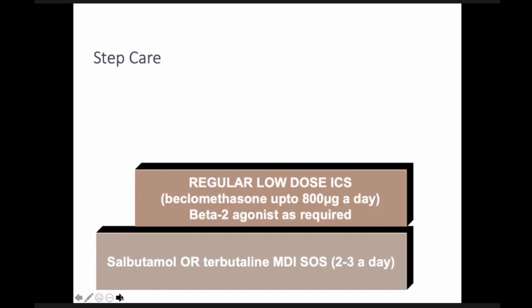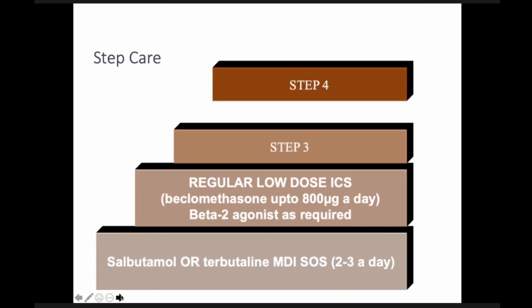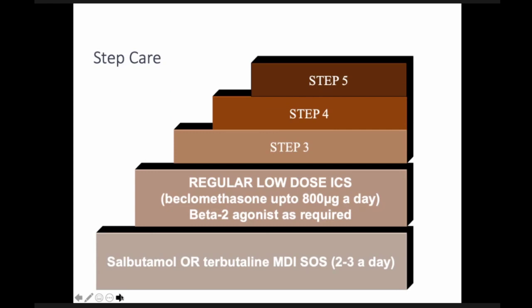If the patient is not getting control even with that, then we need to look at steps 3, 4, and 5. You will learn more about this in pharmacology. I just want to introduce you to the concept or the principle of this step care medication.